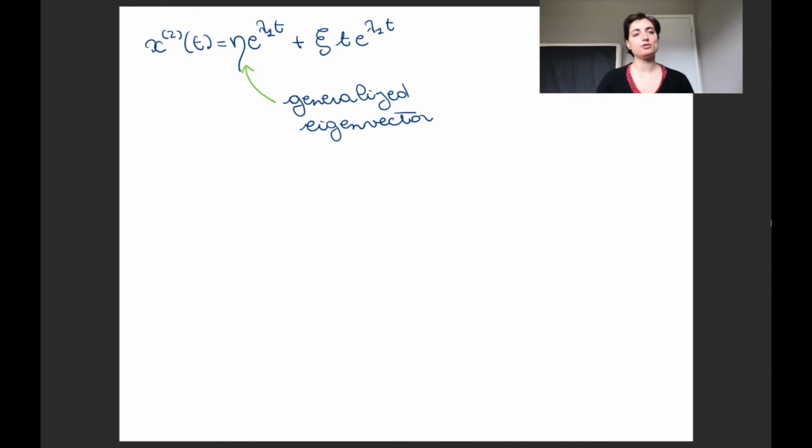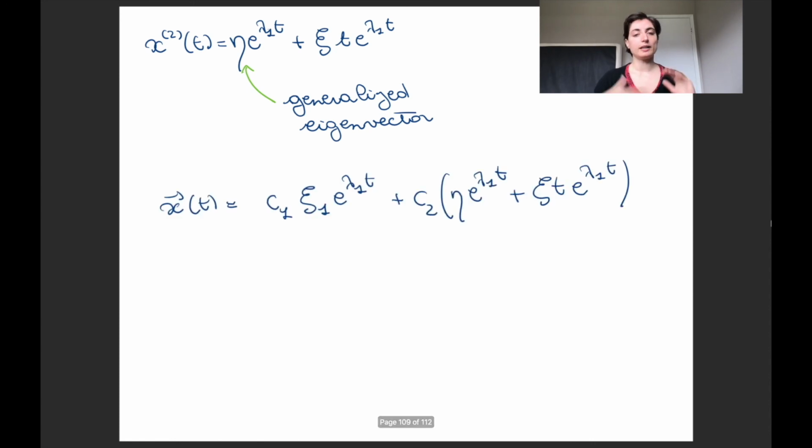So we have that x2, the second solution for our problem, has a solution in the sense that we can find eta and xi such that eta times exponential of lambda 1t plus xi times t times exponential of lambda 1t is a solution.